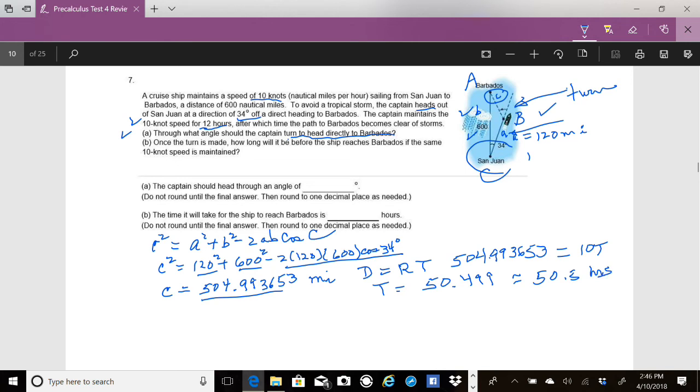So the time it will take for the ship to reach Barbados is 50.5 hours.